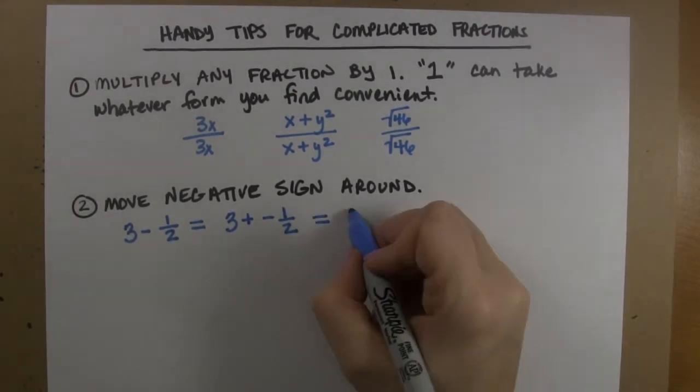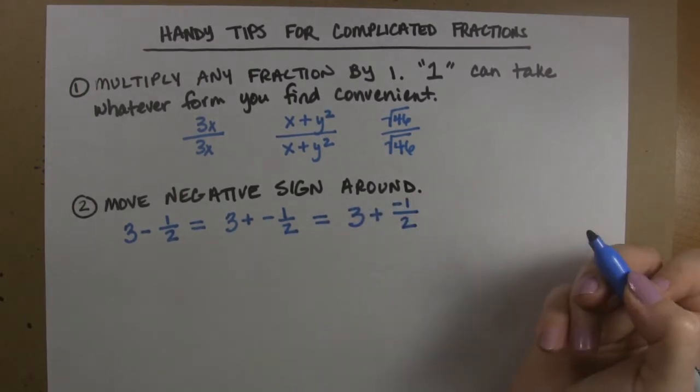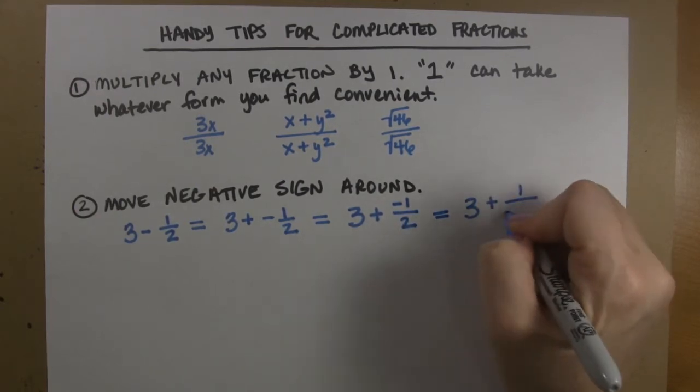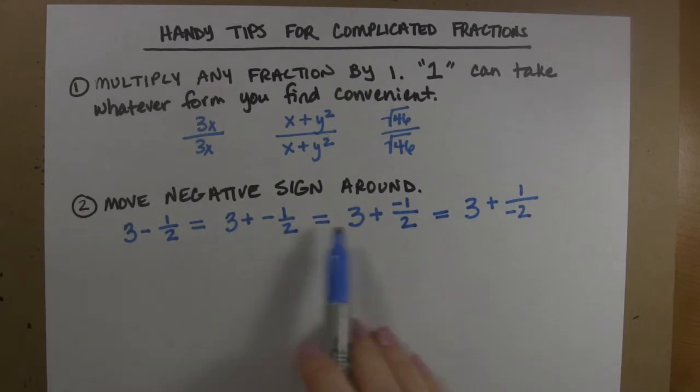That is the same thing as 3 plus negative 1 over 2, which is the same thing as 3 plus 1 over negative 2. So you can see that you can move your negative sign around wherever you want it to be. That is also sometimes quite helpful.